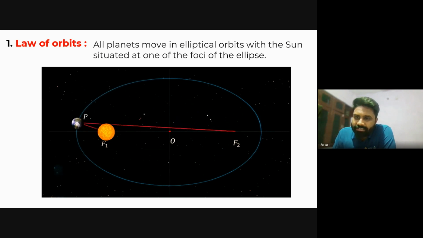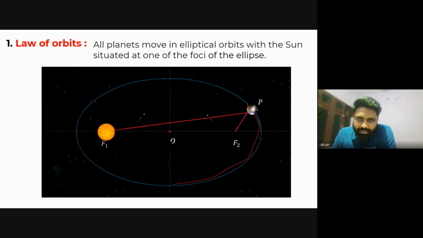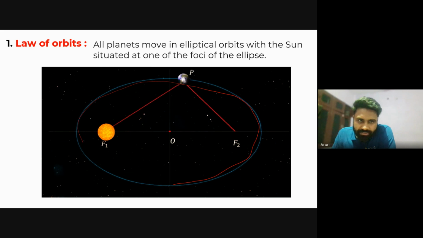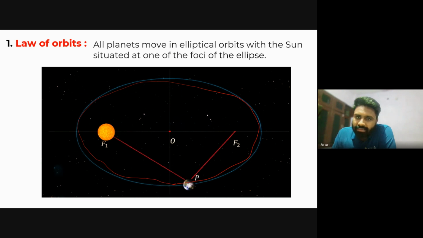So from the definition of an ellipse, take any point P on the trajectory and measure the distance of that point from this focus, PF1, and this focus, PF2, at any point of time.